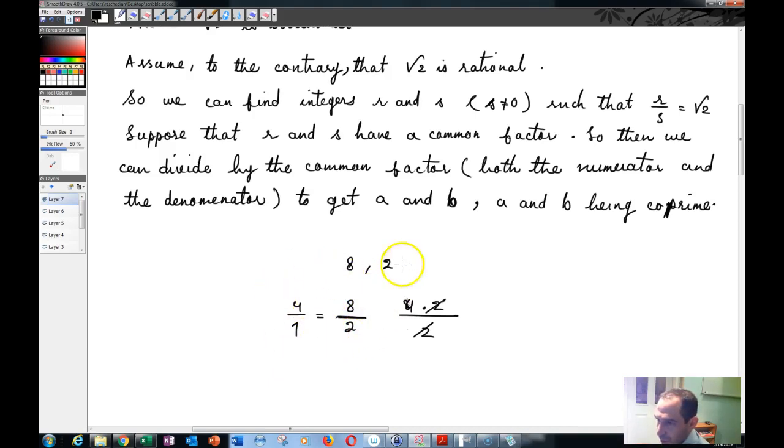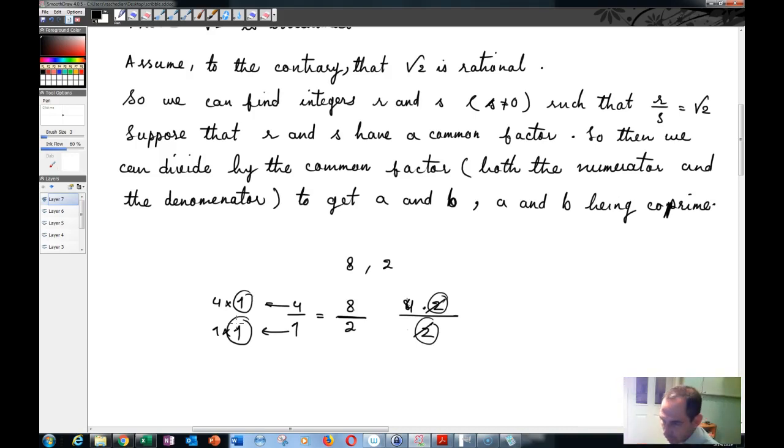The same thing happens here. The first two integers are not co-prime because they have a common factor other than 1, which was 2. But these two integers are co-prime because the only common factor they have is 1, meaning that 4 is 4 times 1, and 1 is 1 times 1.